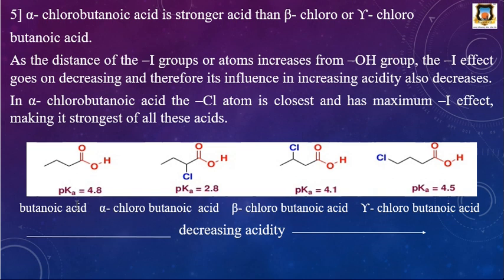Here is the butanoic acid. Butanoic acid is a weaker acid than these alpha, beta, and gamma chloro acids.